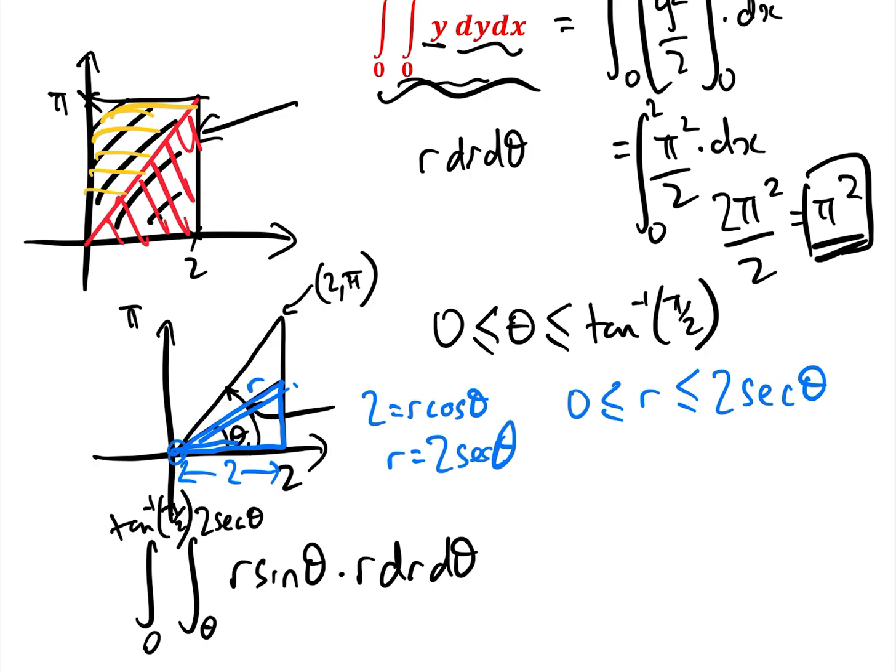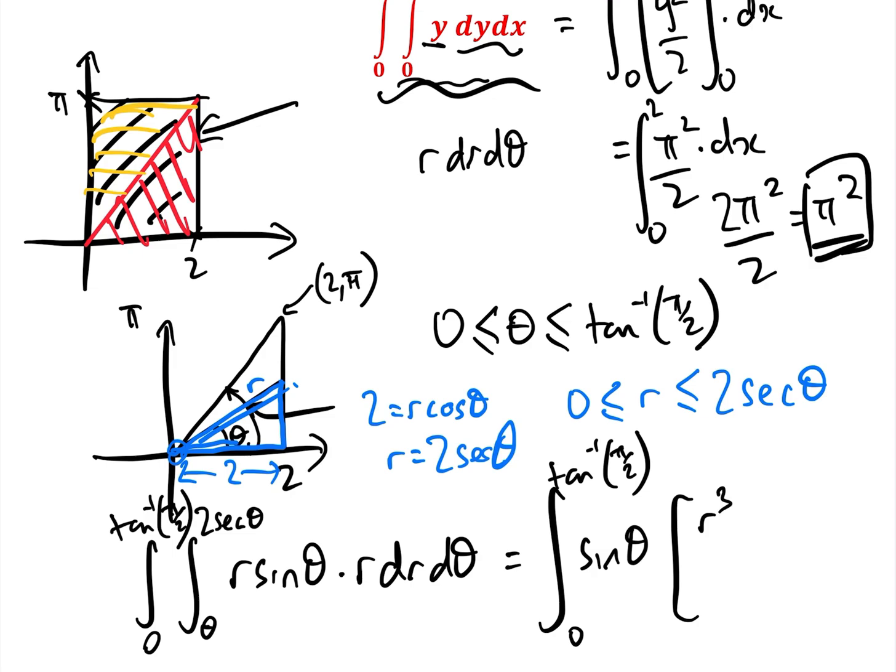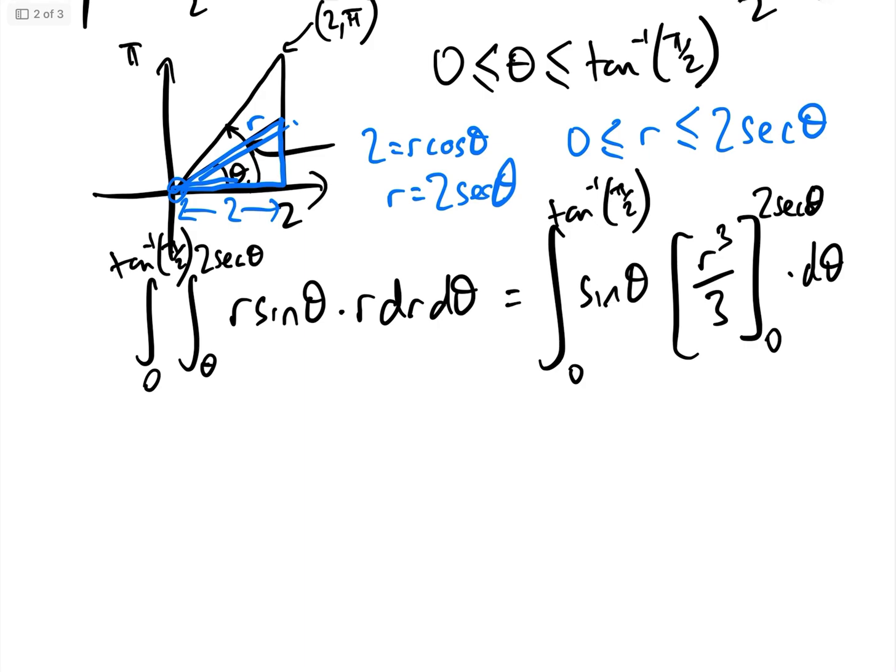So we can integrate the r bit first, so that equals the integral tan to the minus 1 pi over 2. And again, I'm not saying that we should do it like this. I'm just saying this is incredibly good practice at polar coordinates and trigonometry, actually, between 2 sec theta and 0 d theta.